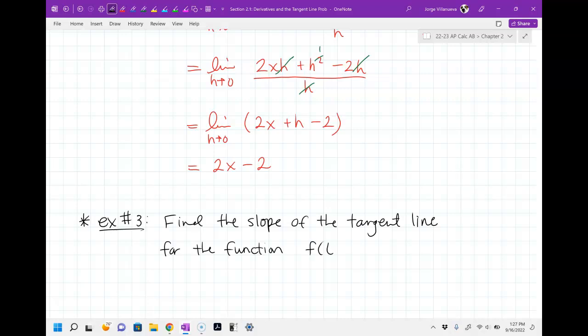Now notice this is f of t, not f of x. It still works just the same way. So it's going to be f of t plus h minus f of t over h at the point 2 comma half.